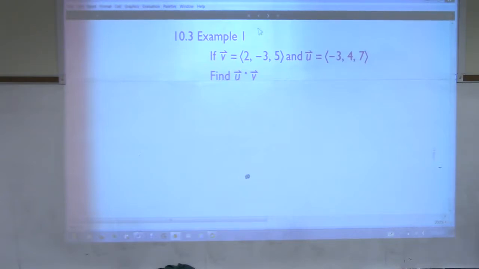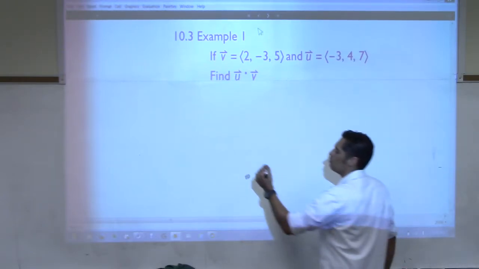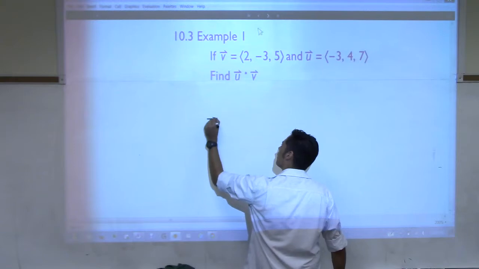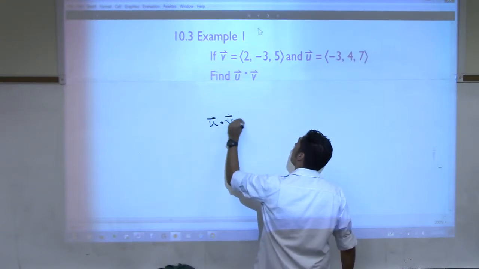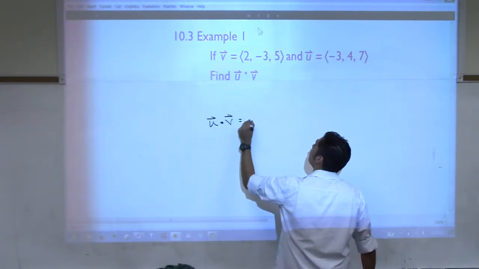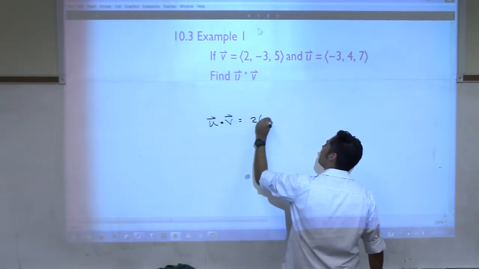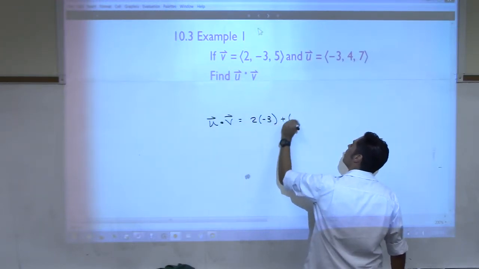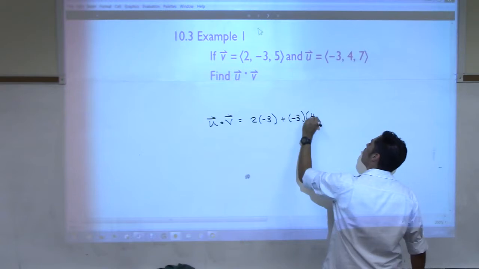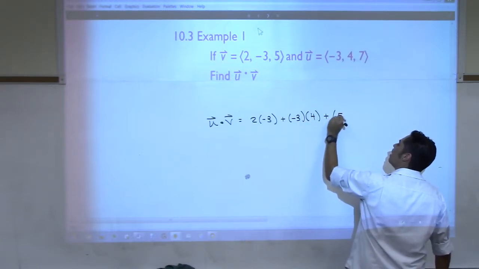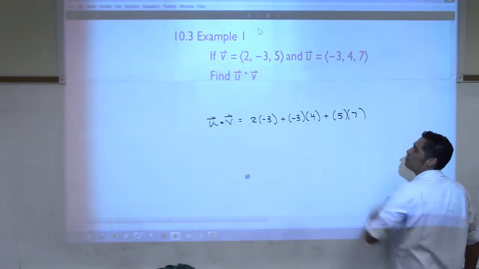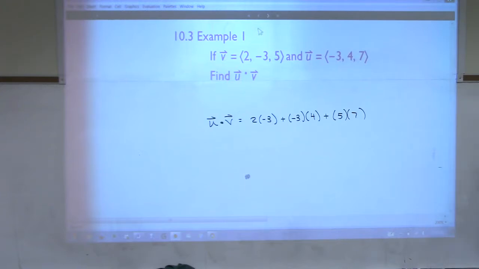I guess we can take 15 seconds to do this. What's u dot v here? You're going to do 2 times -3, plus -3 times 4, plus 5 times 7. That's what you're doing, just multiplying all the components together and adding them up.